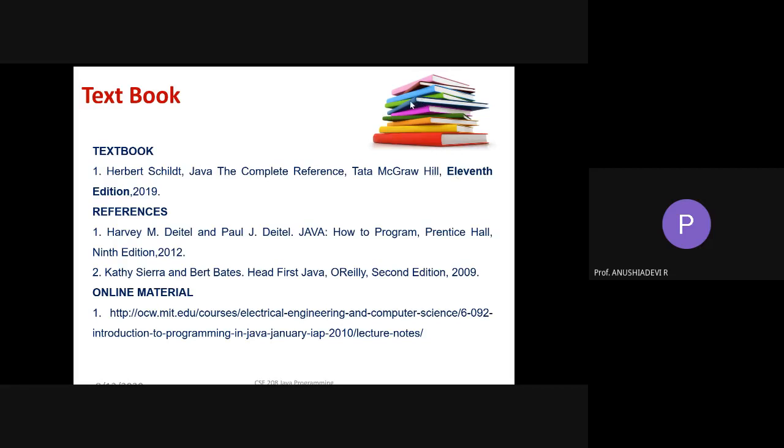I have an ebook, and you can also download this ebook from the net. If you need this ebook, I will send that link, or I will send the PDF to you, in your Google Classroom. You can refer to it. But more editions are available on the net, the 5th edition, the 7th edition. More editions are available, but all of you try to refer only to the 11th edition.